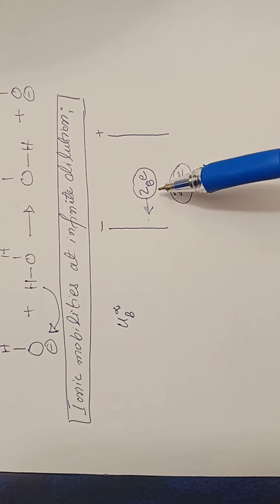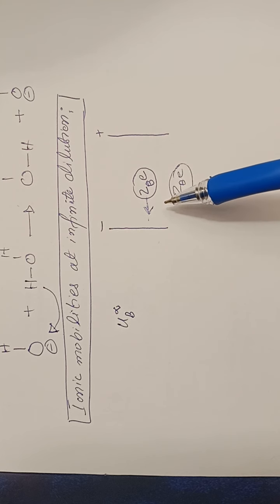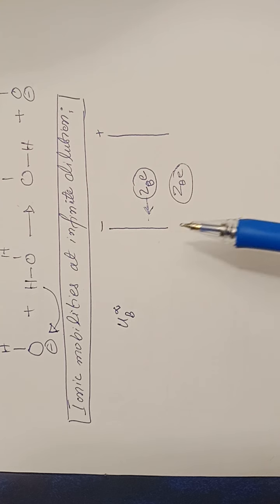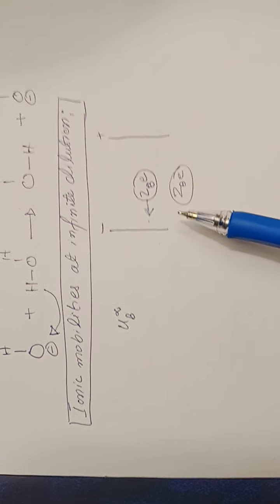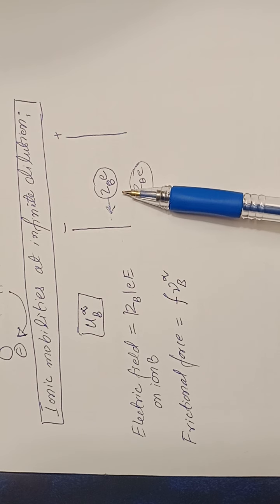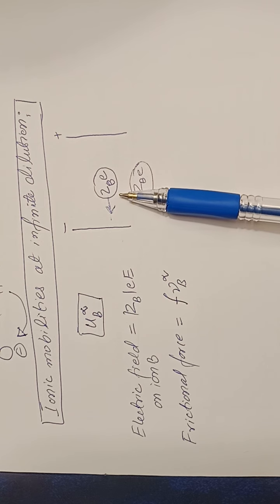When the electric field force and frictional force are balanced, the ion B will move with terminal speed, that is the drift speed at infinite dilution.